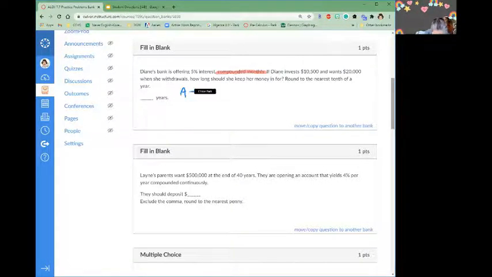The amount is the principal times 1 plus the rate over how many times it gives interest over a year, and the exponent indicates the time, right? With this, we can substitute the given information into the proper positions.